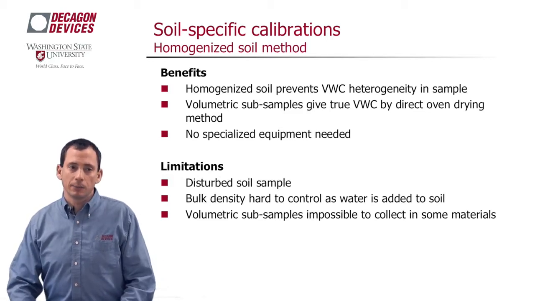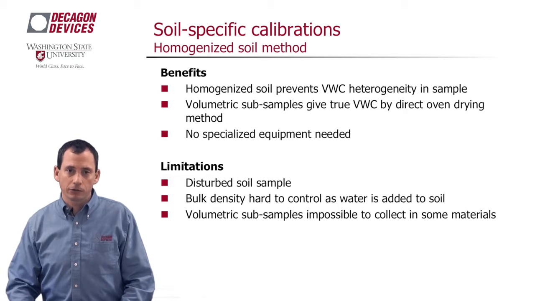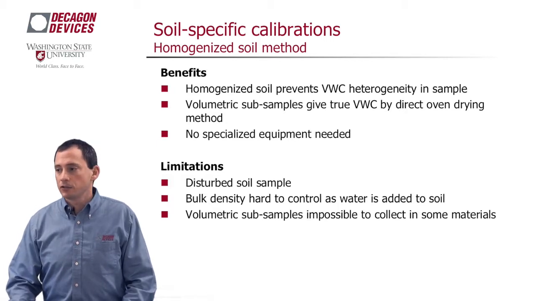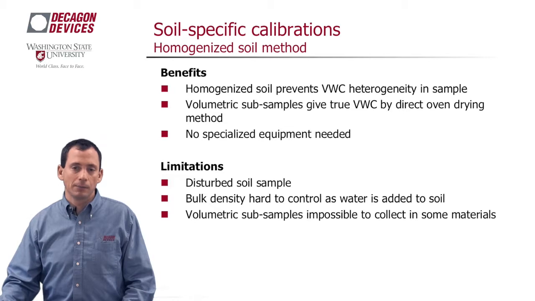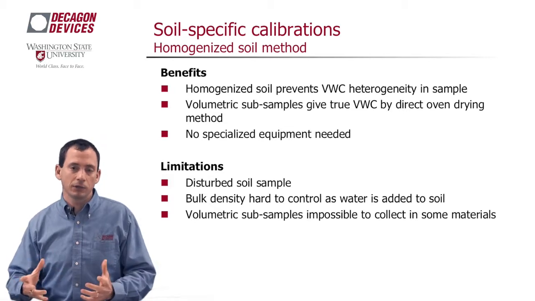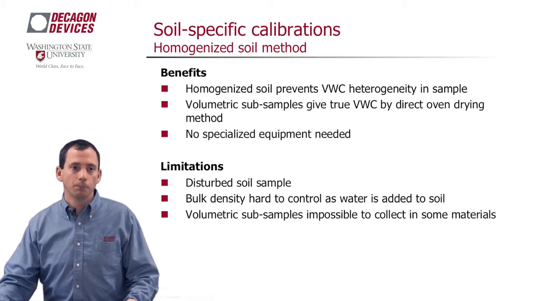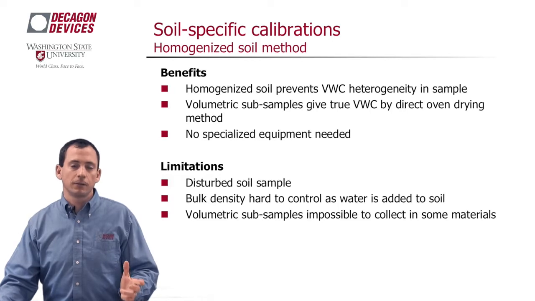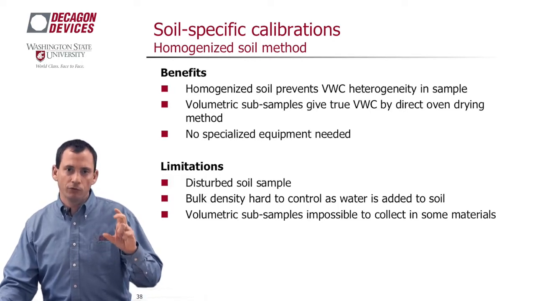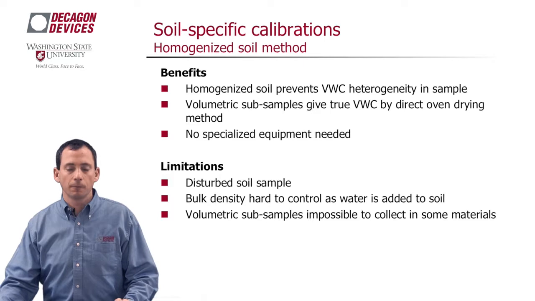Also, another limitation is that in some materials, maybe for instance coconut husks, or maybe a really stringy peat material, or maybe a really stony soil, it's really impossible to collect those known volume subsamples of the soil.